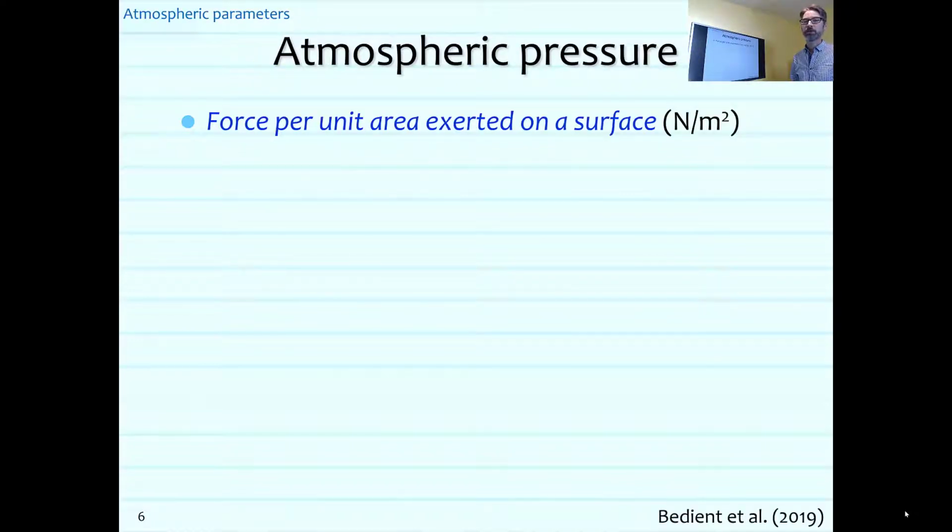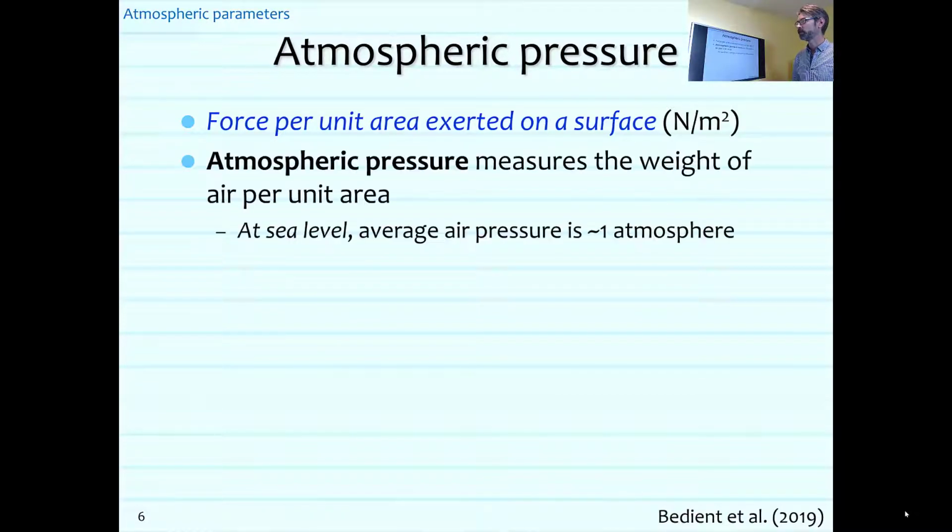You're already familiar with the topic of pressure. It's simply a force per unit area that's exerted on a surface, and it's measured in newtons per square meter or pascals.